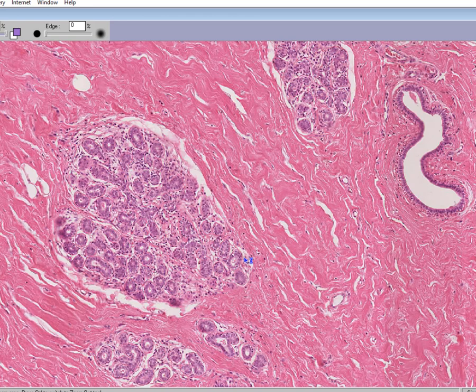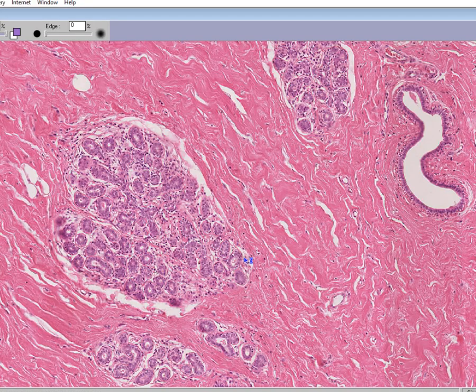One up here. Here's a duct. This is an interlobular duct because it's between the lobules. But if you actually look within the lobule, you may see smaller intralobular ducts. World's most normal benign breast lobule.